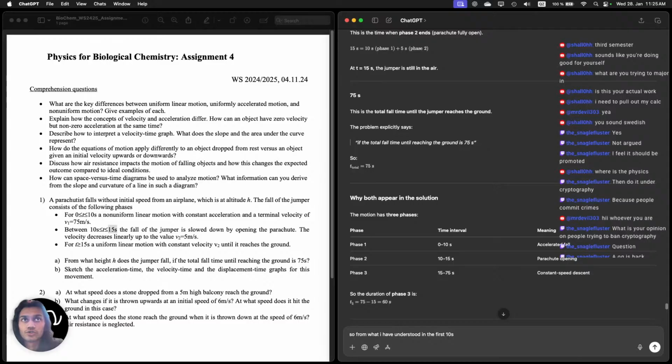So from what I've understood, in the first 10 seconds, the jumper freely falls and reaches a final velocity of 75 meters per second.